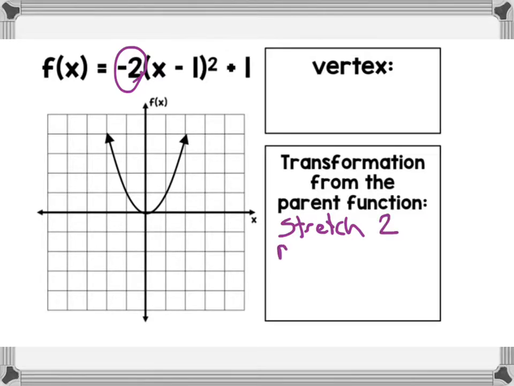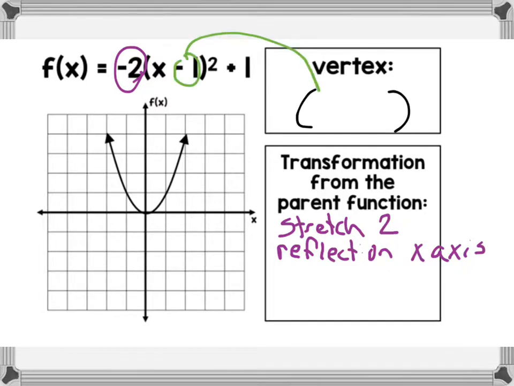But it also has a reflection across the x-axis. Now let's identify our vertex. So we need to do opposite inside. So the opposite of -1 is 1. The same sign outside. So we're going to be at 1, 1.